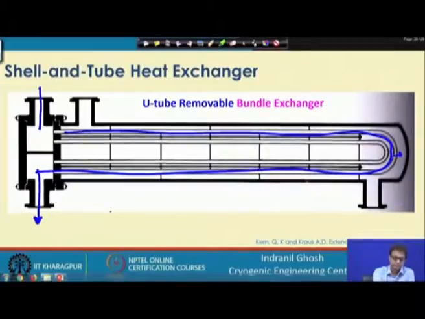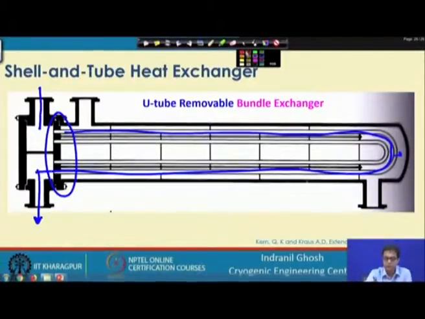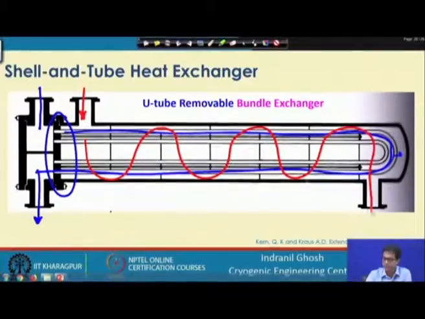Then only one tube sheet is good enough to accommodate all the tubes, and if you look into the other fluid stream, you will find that this is coming over there, and then it is coming over there, and finally it is moving out like this.